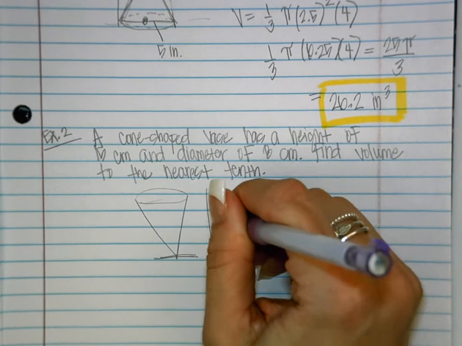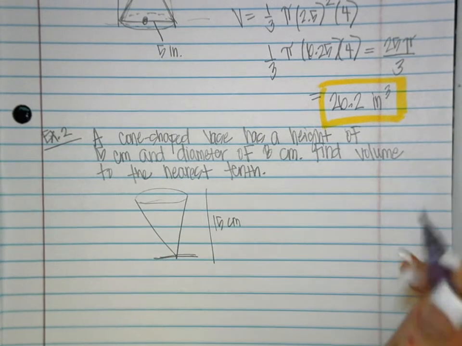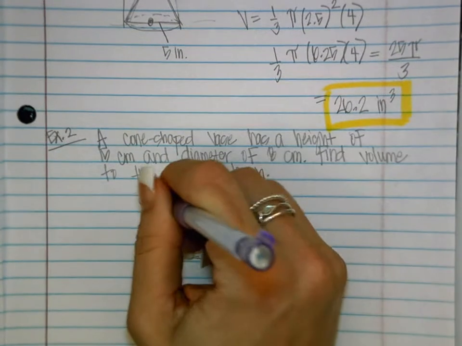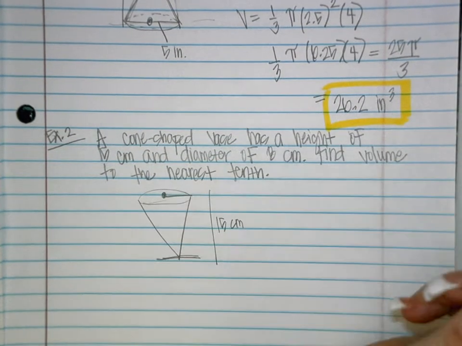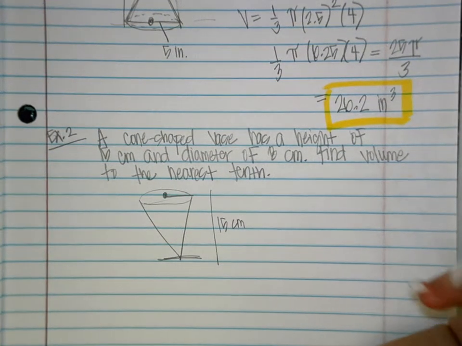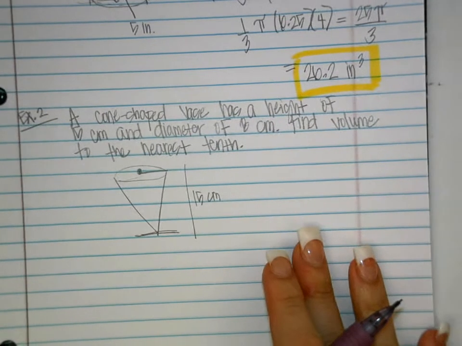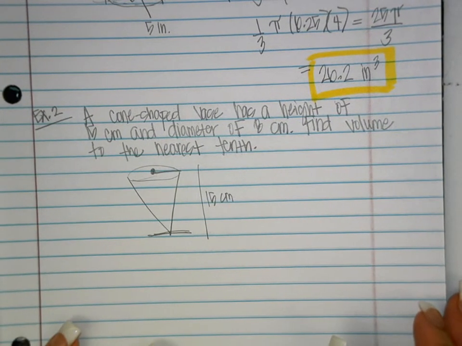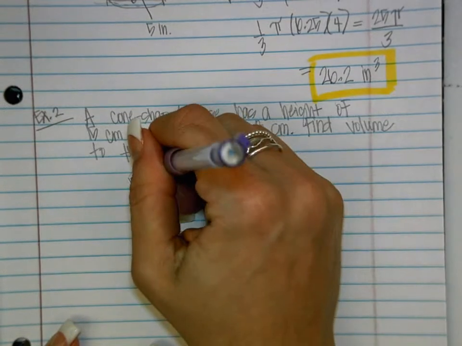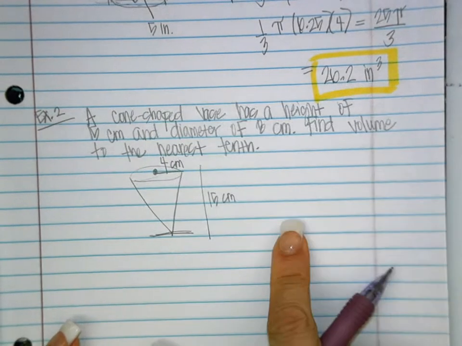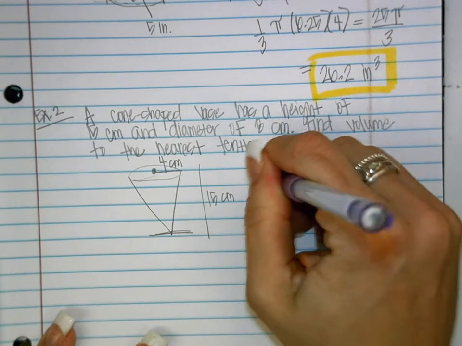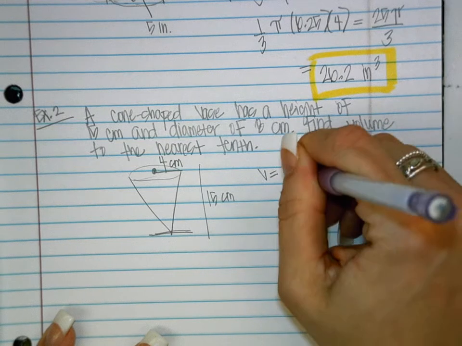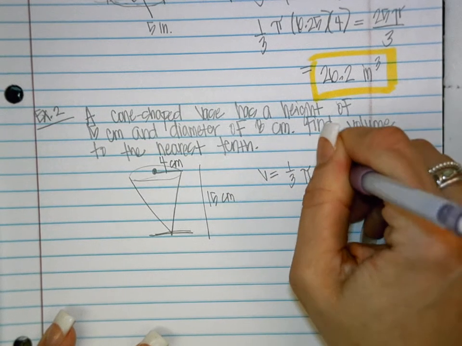15 centimeters. If the diameter is 8 centimeters, what part do I actually need from that? I need the radius, and the radius is going to be 4 centimeters. Remember, volume is equal to 1/3 pi r squared h.